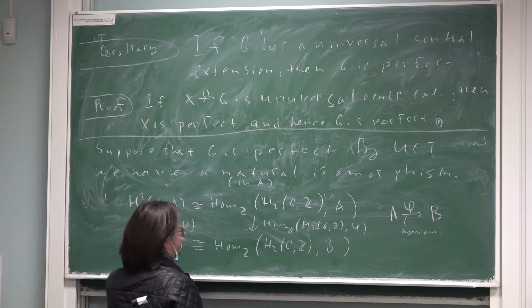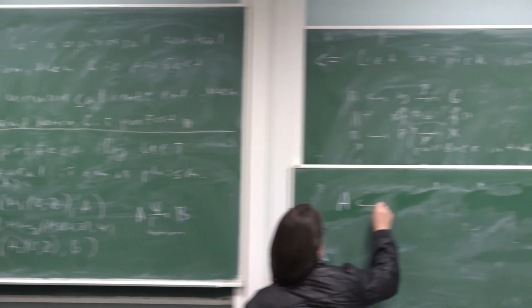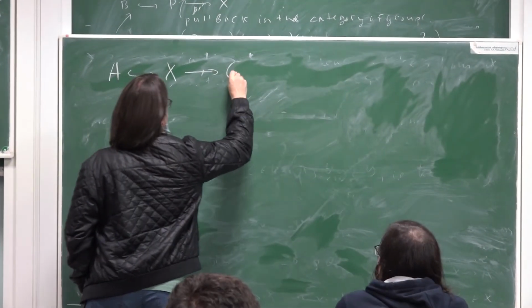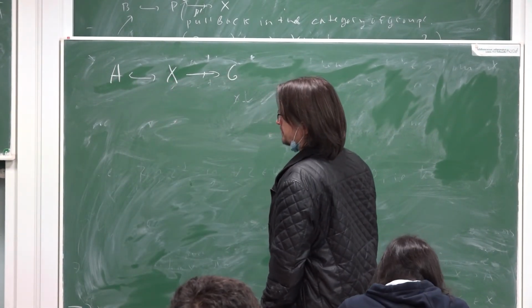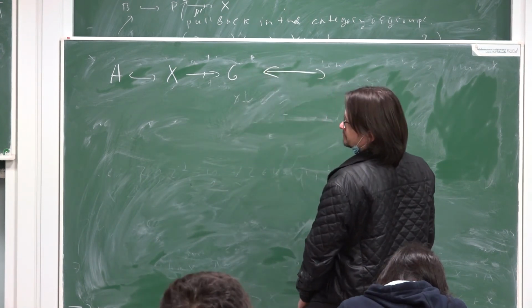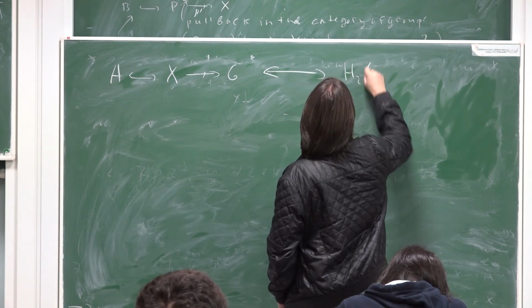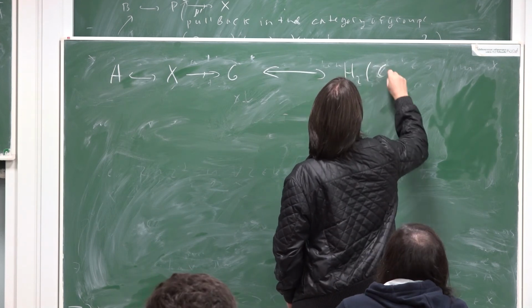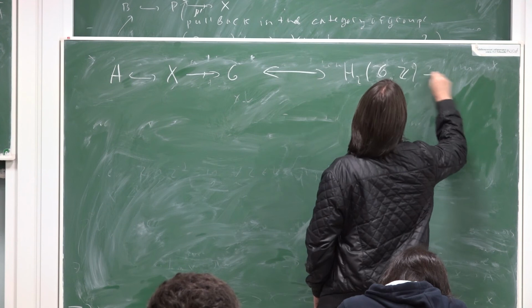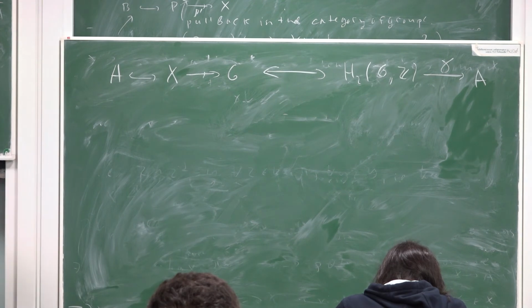But what does this mean? This means that if we have some central extension, and suppose that it corresponds to a map gamma, for example, from H2 of G with coefficients in Z to A, then when we go here, what do we get?